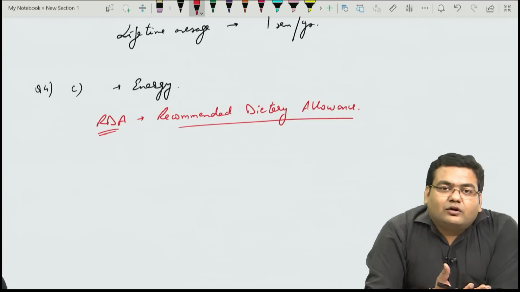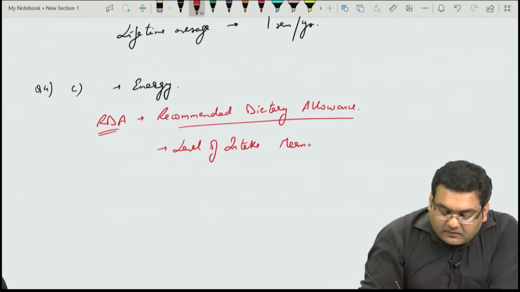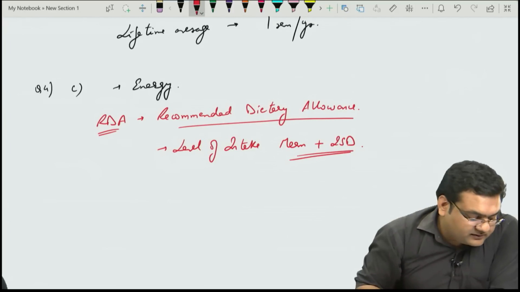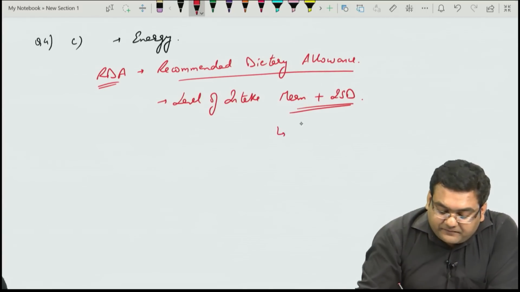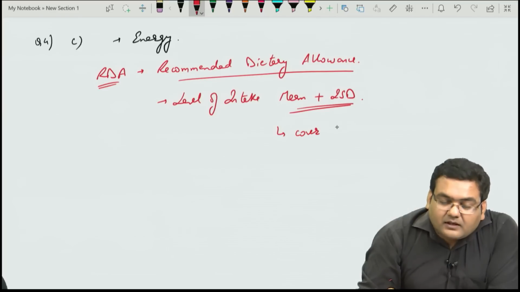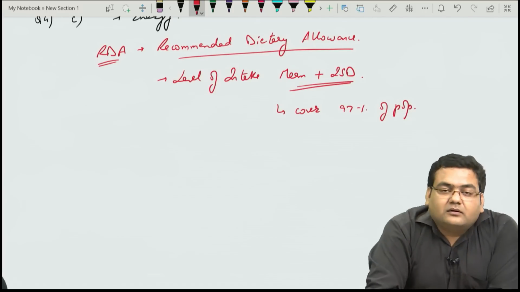It is the level of intake of a nutrient which corresponds to mean plus 2 standard deviations which cover requirement of approximately 97% of the population.